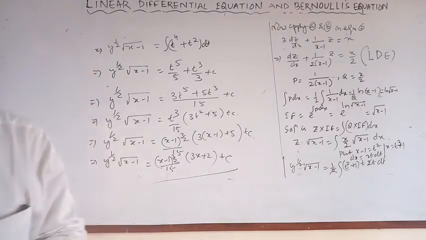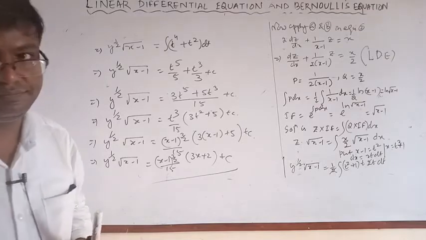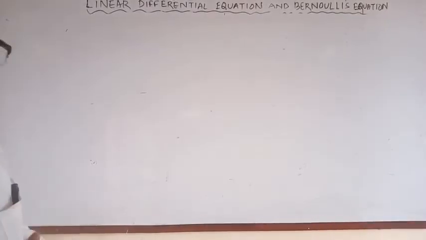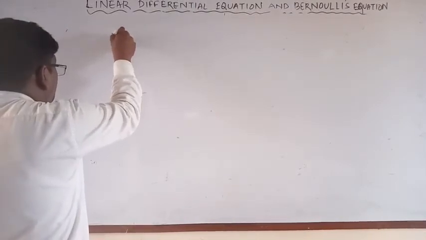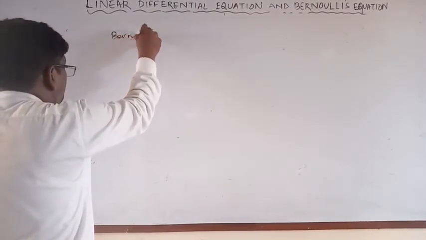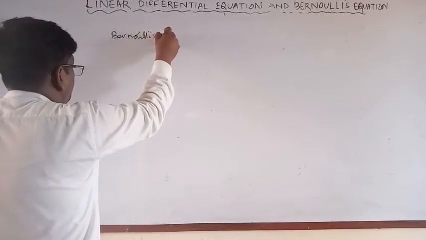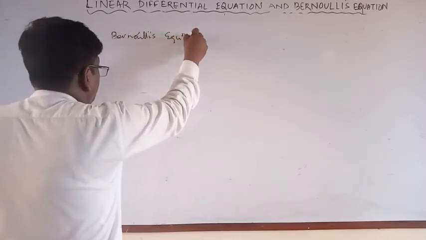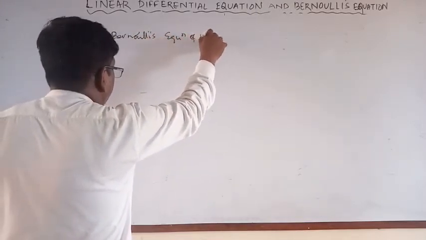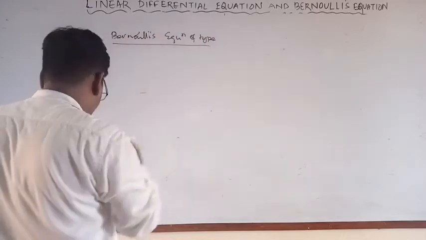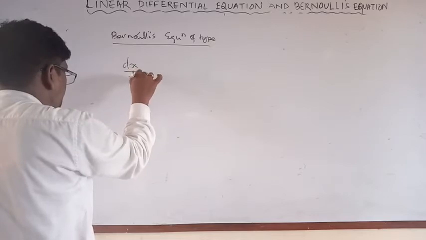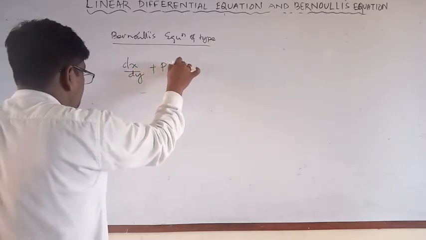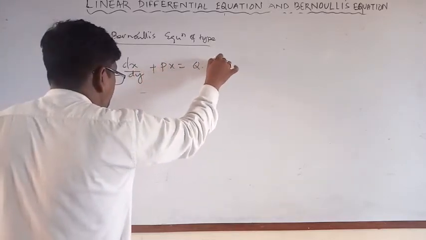Now the second type of Bernoulli equation, Bernoulli's equation of type 2, that is dx by dy plus px is equal to q into x to the power n.